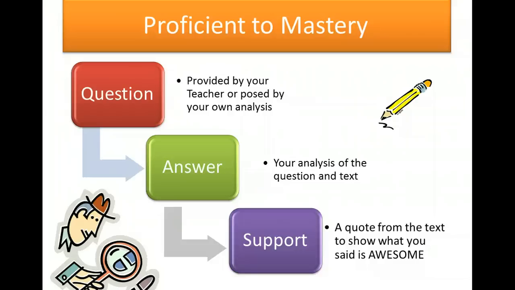So again, to be proficient, I have provided you some quotes, and then you are going to be answering some questions and providing your own analysis. To get a mastery score, you're going to have to provide your own quotes and analysis. And then finally, to get an A, you're going to have to move on to thinking about theme and how it relates to the text, and to show some support there as well.